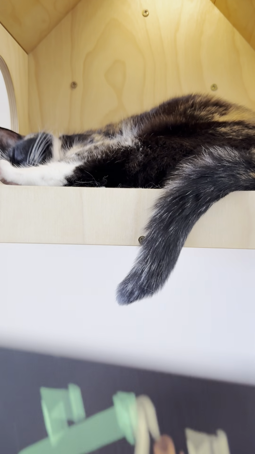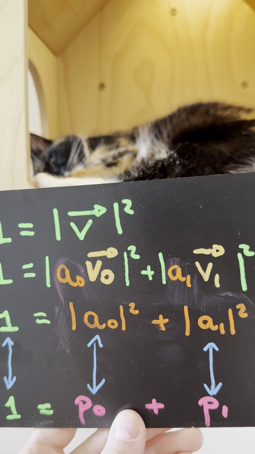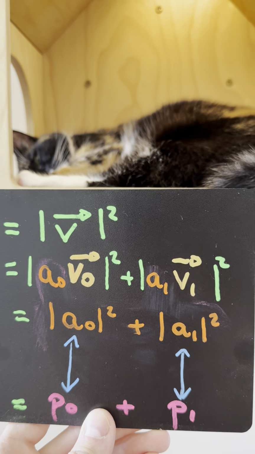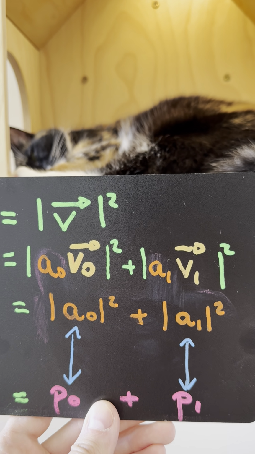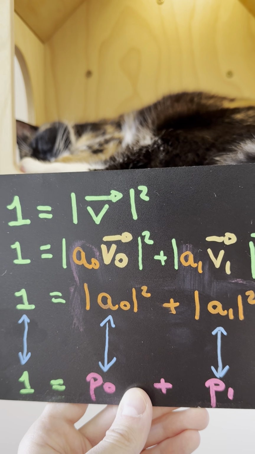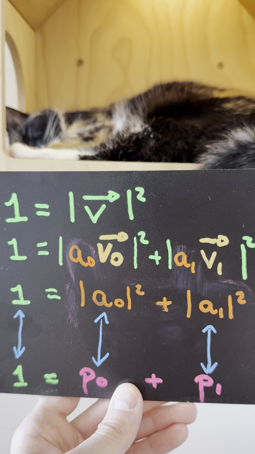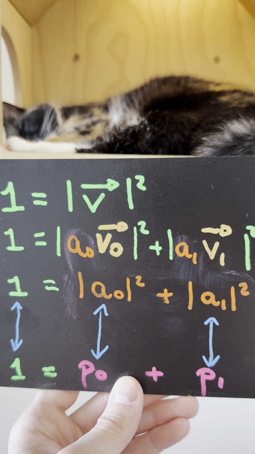So if you write it down, this boils down to saying that 1 should be the length squared of a0 v0 plus the length squared of the vector a1 v1. So since v0 and v1 are unit vectors, that also tells you that 1 equals a0 squared plus a1 squared.